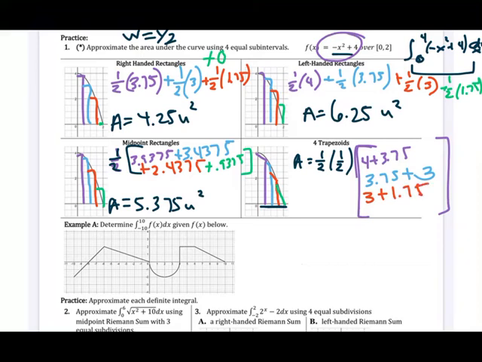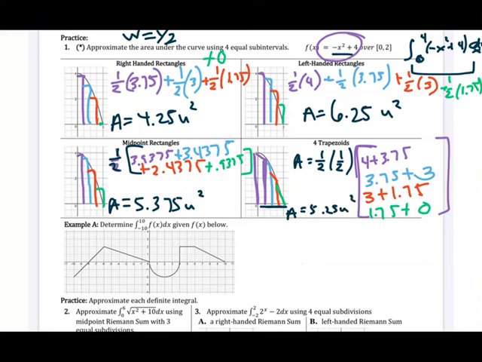And for the green one, the left is 1.75 and the right is 0. So again, we're saying the left, which is base 1, plus the right, which is base 2. And then we're going to add all of those together and multiply by 1/4. And I'm going to just tell you that the total area here is 5.25 units squared.